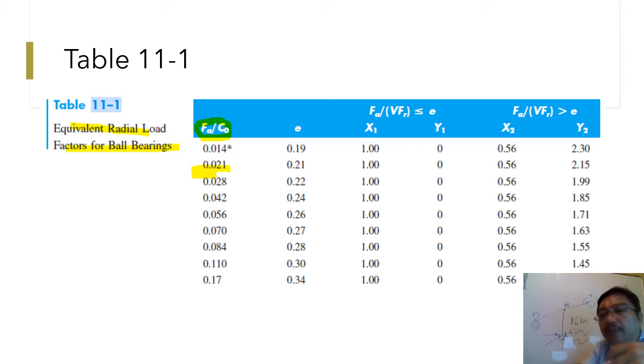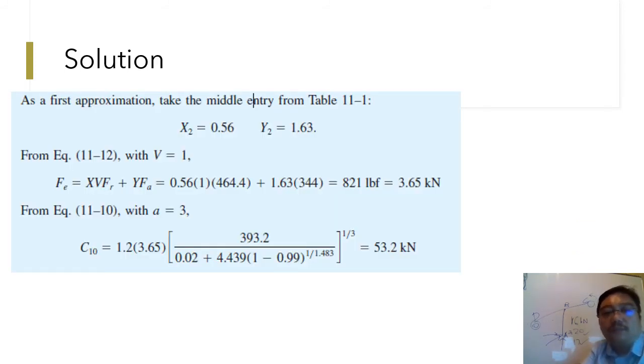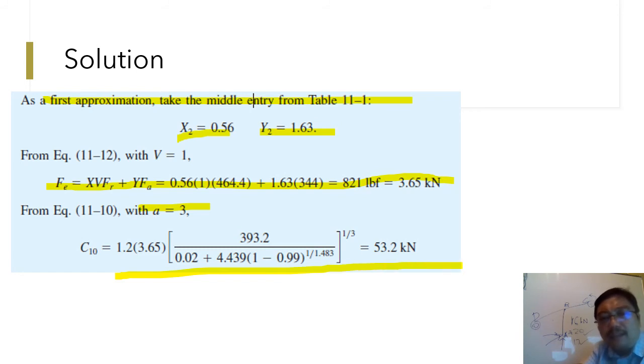And then solution from first examination, approximation, take middle entry for table 11.1. X2 equal to 0.56, Y2 1.62, and you get this value. You put 3.65 kilonewton, and with ball bearing A equal to 3, C10, you put this value, and you get 553.2 kilonewton.